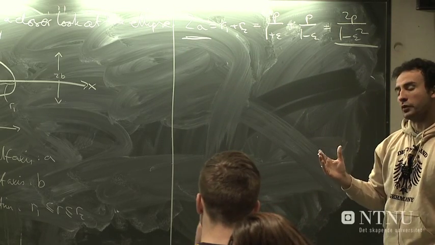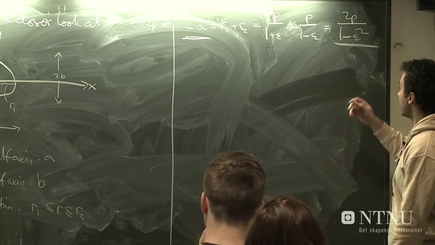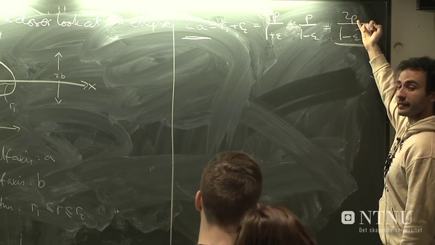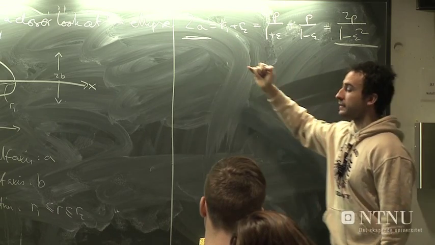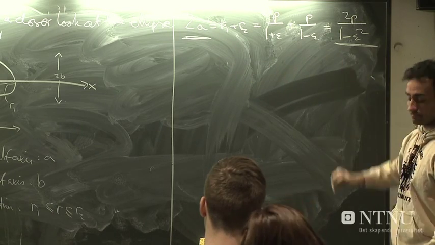So for a particle moving in a central force with orbital parameter p and eccentricity epsilon, the half-axis is given by this expression.